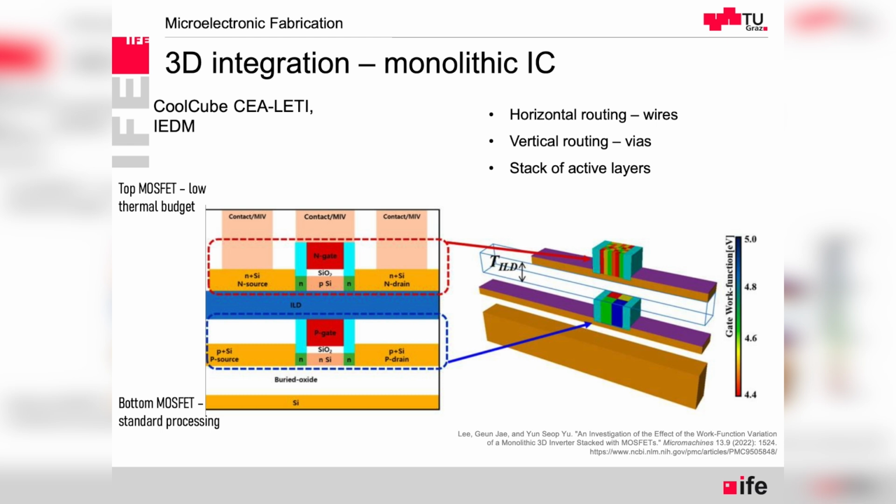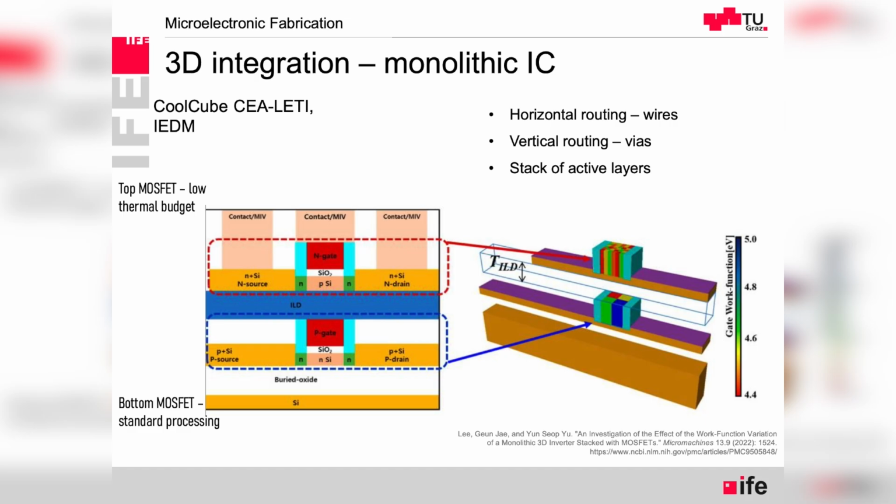Diffusion, implantation, thermal growth of oxide, that all needs temperatures in the range of 900 to 1,000 and a bit Celsius degrees. So if we do that, we cannot make a process step that is low temperature and then again high temperature.